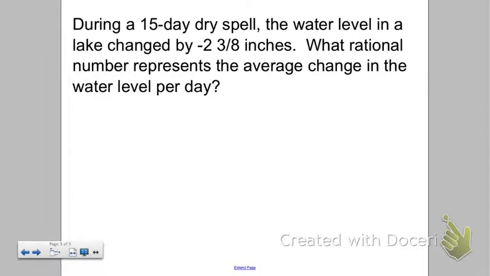And the last question. During a 15-day dry spell, the water level in a lake changed by negative 2 3/8 inches. What rational number represents the average change in the water level per day? Take a second to copy down the question.